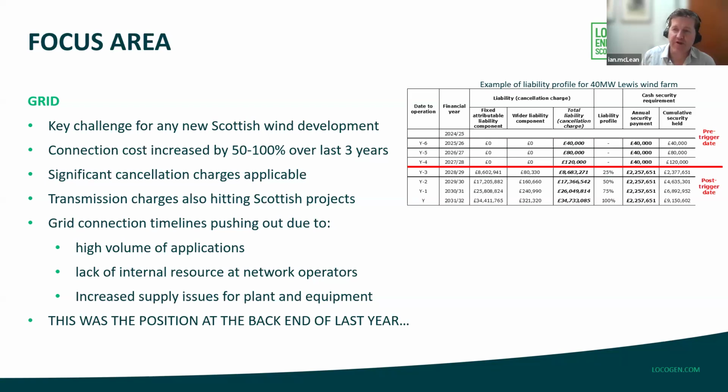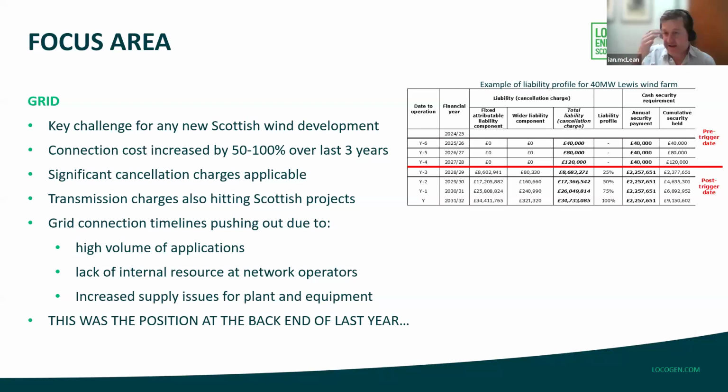That's put huge pressure on projects, especially if you've accepted a grid offer at £2 million, and then in 2021 and in 2024 you're looking at 6 million in grid costs. So this has been a huge problem for most projects.